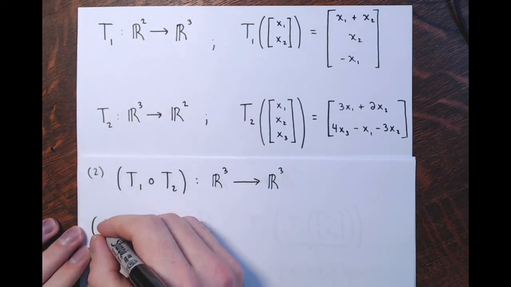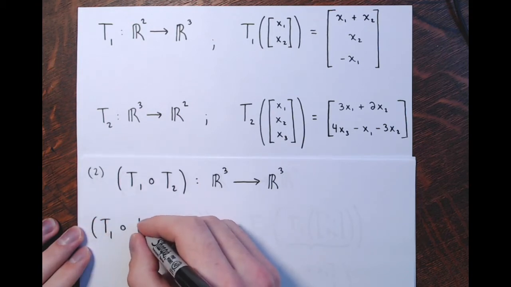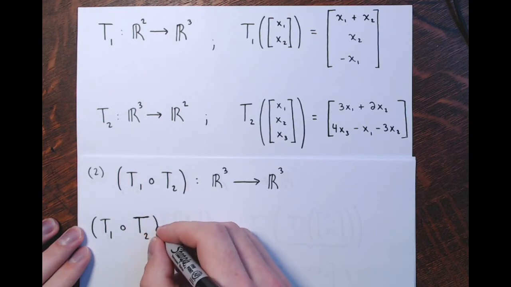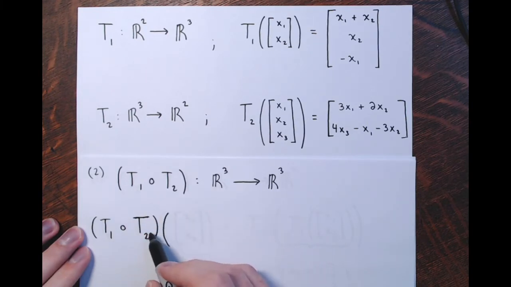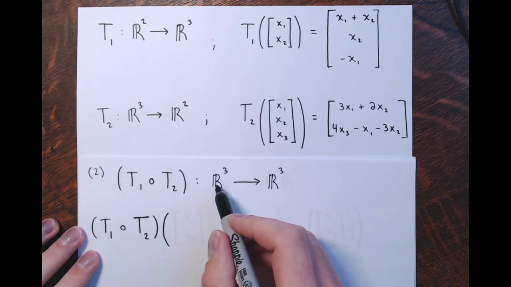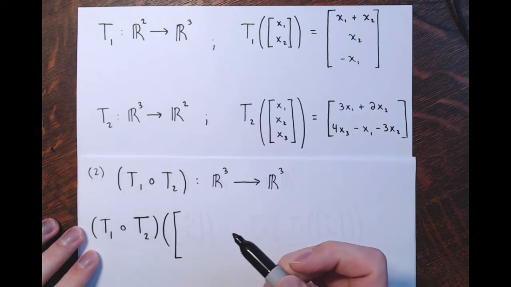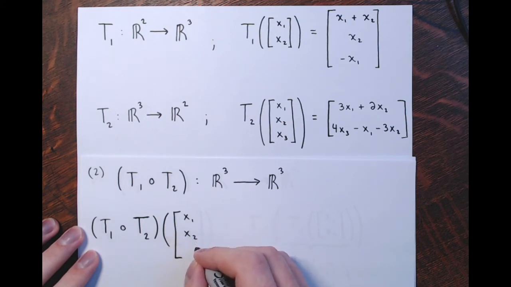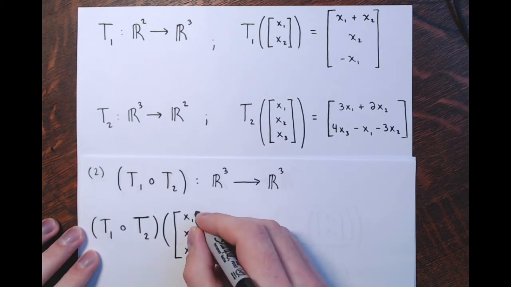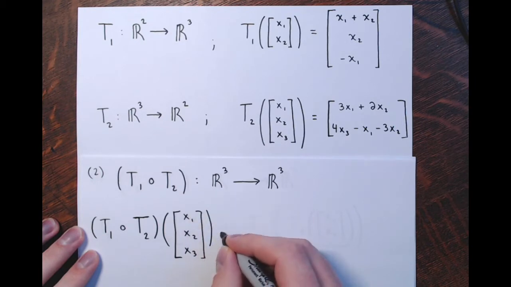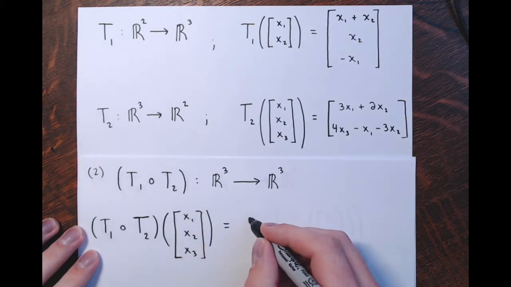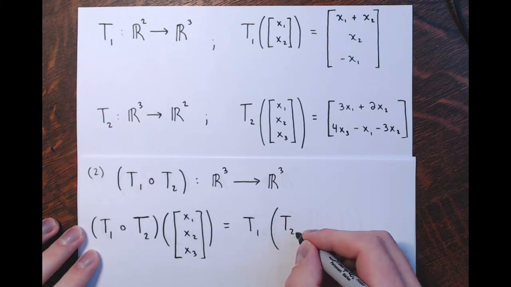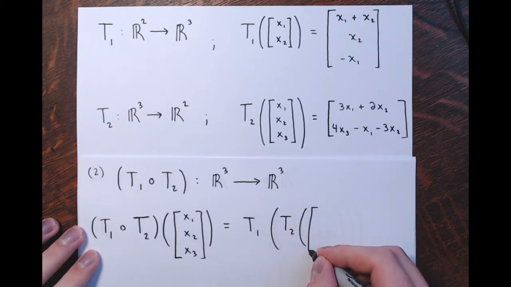So I'm going to take this time T1 composed with T2 of, and now this time I'm going into T2 first. My input is from R3, so this input vector will have 3 components, say x1, x2, x3. So again, this is T1 of T2 of this vector x1, x2, x3.